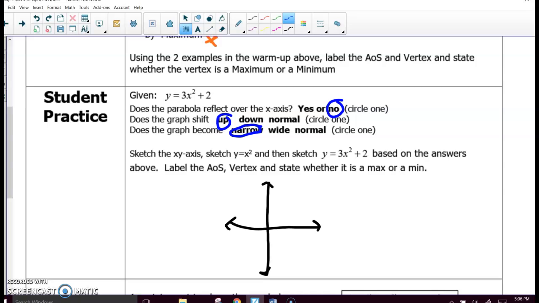I don't need specific tools or have to be exact, but I do know it is a parabola that passes through 0, 0. From that, let's use the above information to sketch y equals 3x squared plus 2. It does not reflect over the x-axis. It is shifted up 2, and it is more narrow.